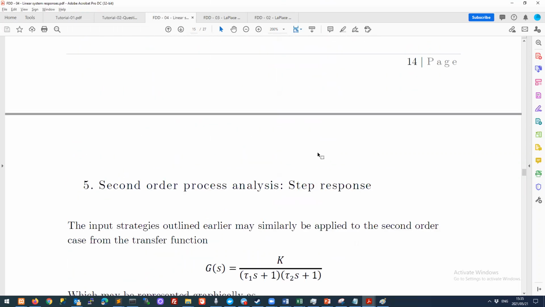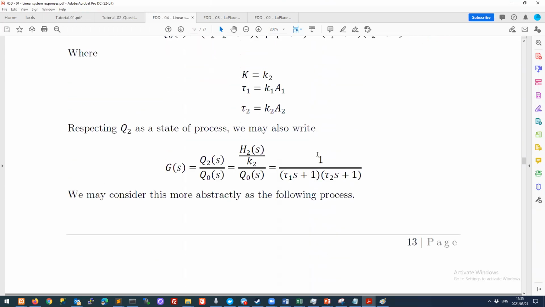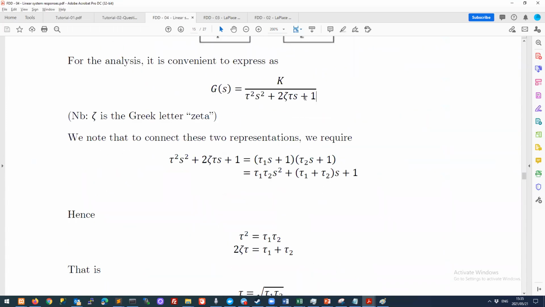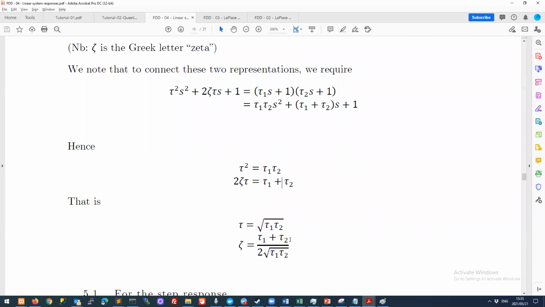So we are saying our second order equation maybe looks more like this, but we can find the equivalent form for a quadratic of this type. If you propose the product of those two functions in the denominator will look like this, then zeta looks like this. You can figure out what zeta is in terms of tau 1 and tau 2. So that's shown here.